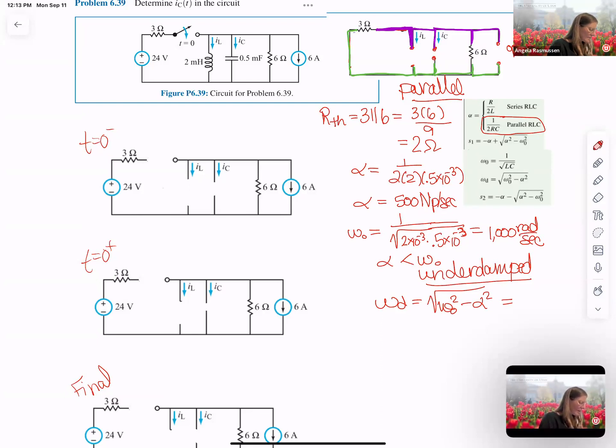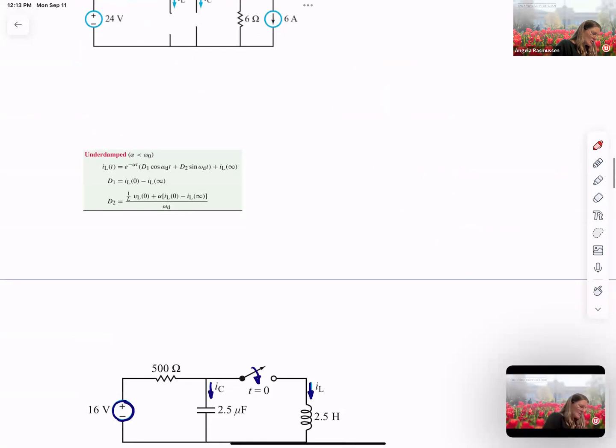Uh, 866 radians per second. All right, so T equals 0 minus, so we're going to do the initial value. So actually going back to this equation, I need initial value, final value for IL, and VL initial value. Yes.